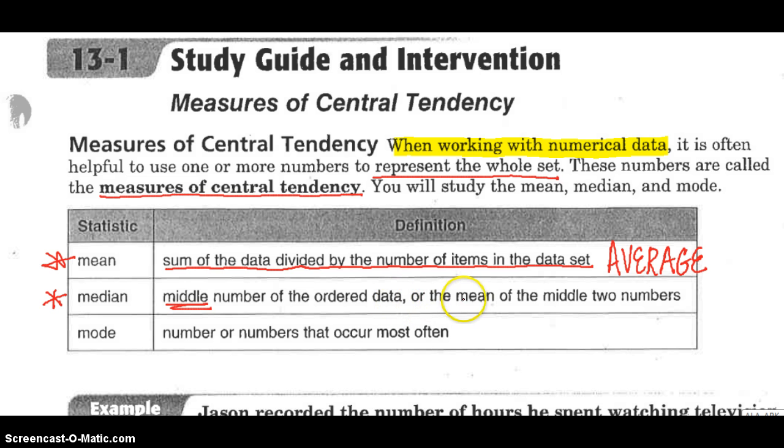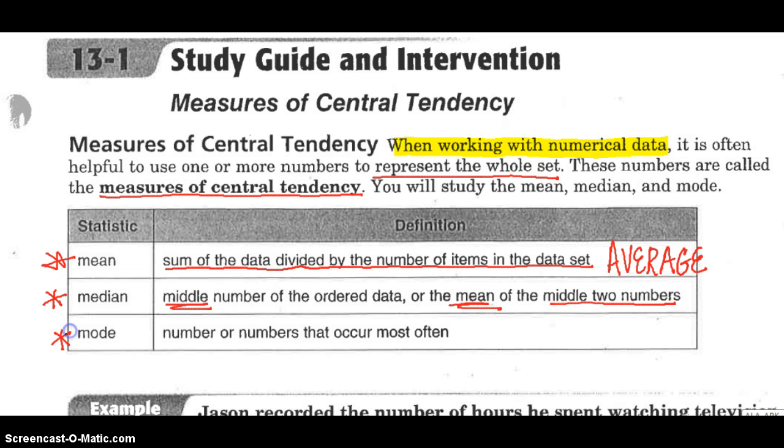So you again have to have listed them from least to greatest or greatest to least to find the number in the middle, or if it's an even number, then you have to find the mean of the middle two numbers. We're going to show you what that looks like here in just a minute.